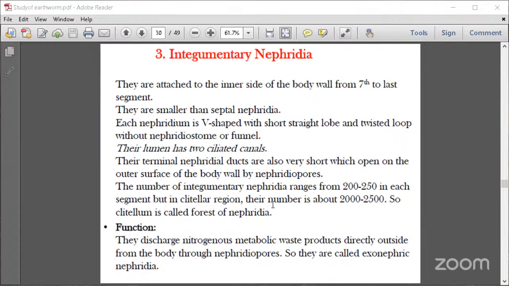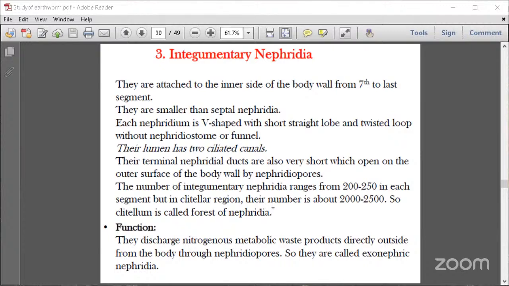So the third one, integumentary nephridia, are attached to the inner side of the body wall of the earthworm, from the seventh to the last segment. They are smaller than the septal nephridia. Each nephridium looks like a V shape with a short, straight lobe and a twisted loop, without a nephridiostome or funnel.